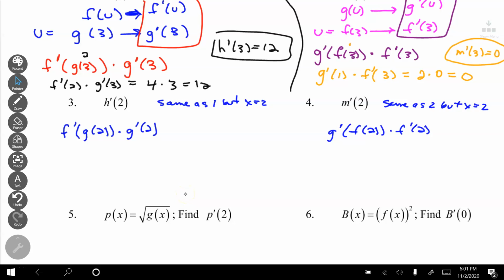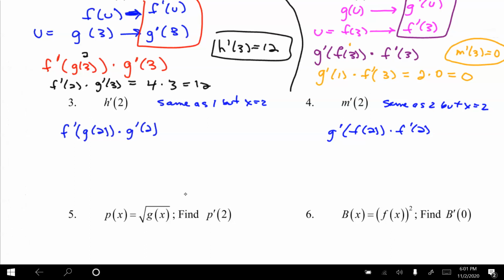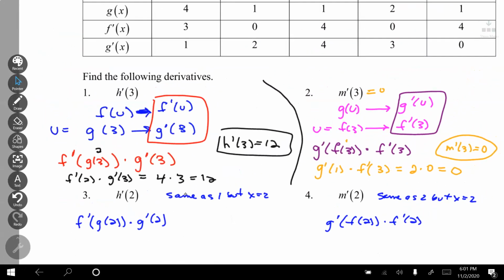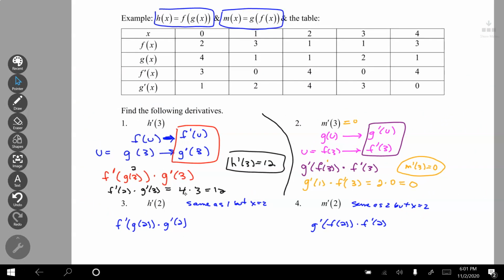Okay, number 3 and number 4 are exactly the same as 1 and 2, except I've changed the input for x. So instead of being f prime of g of 3 times g prime of 3, I put in a 2, and I'm going to change everything. And I have to go back to the table, so you got to pay attention. Go to 2, g at 2 is 1.